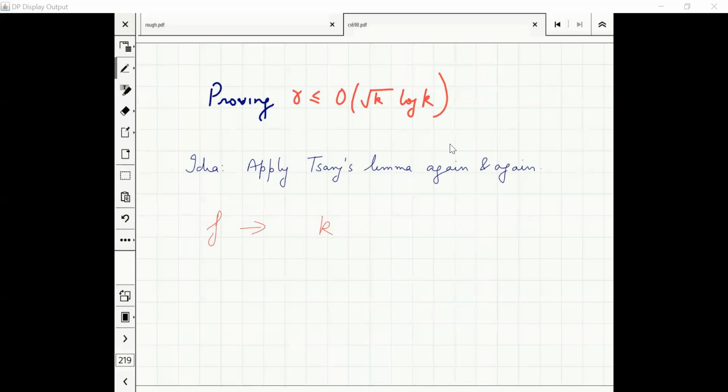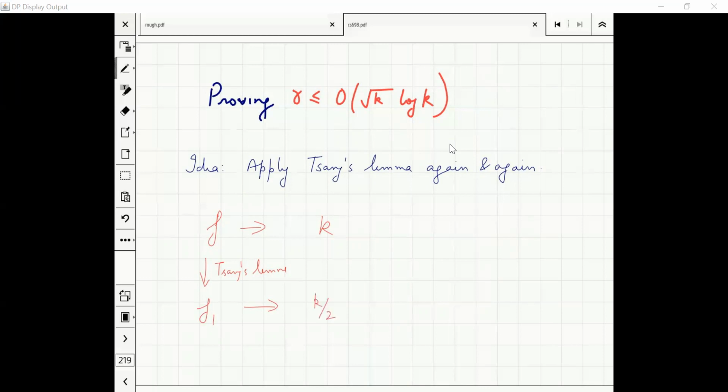Now we applied Sang's lemma. We got f1. What happened to the number of active parities? F1 depended upon how many parities? Just k by 2, right? Like the number of active parities were k by 2.